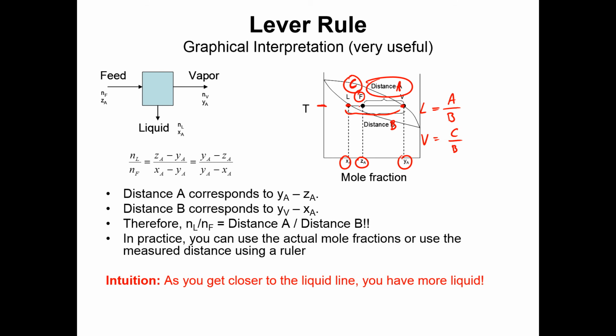Okay, so if I get closer this way, then A is going to get larger, and I'm going to have more liquid. And then also C is going to get smaller, and I'm going to have less vapor. Okay, so that's how we do this tie line.